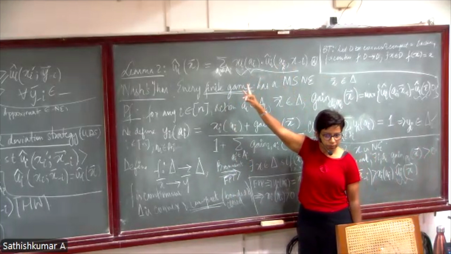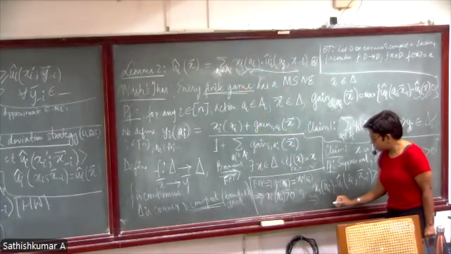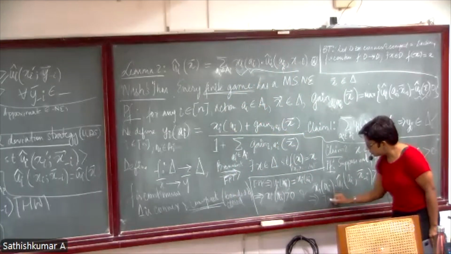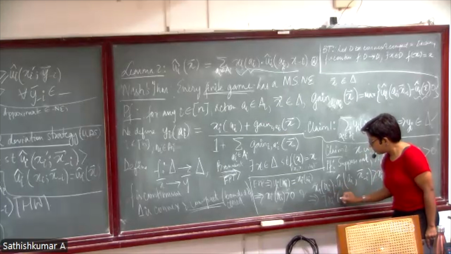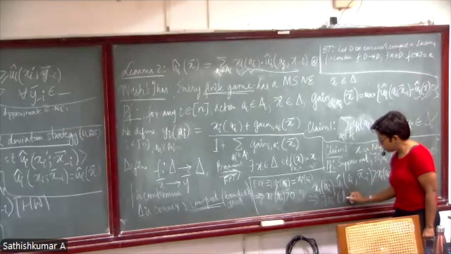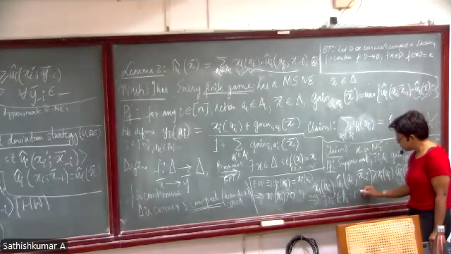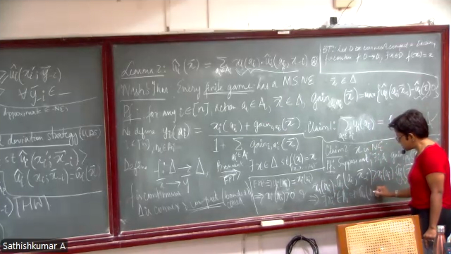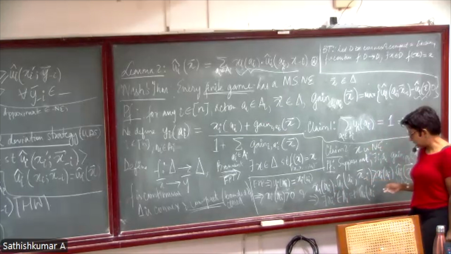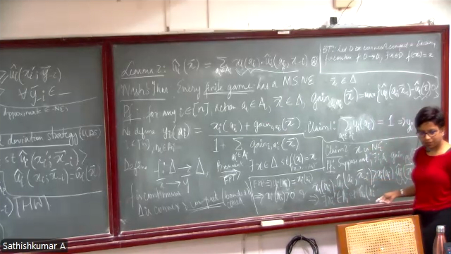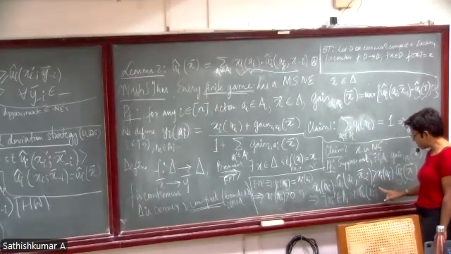Yes or no? Okay, so there exists a_i prime, which also has to be in the support, such that u_i is less than u_i(x hat). Can these people see this side of the board? If they can't see, they should have said before, no?